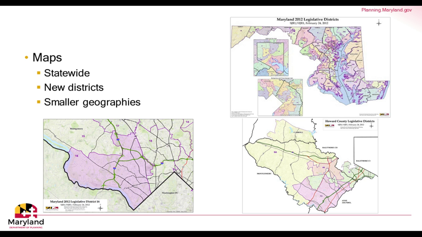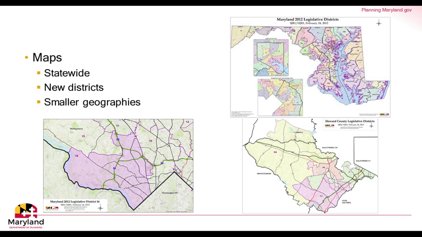We'll do the new districts, and we'll do smaller geographies, so areas of interest, maybe some communities, maybe some municipalities. It ends up to be a lot of maps, and we do these both separately for the congressional and legislative. So depending on which one we're doing, we could generate well over 100 maps just to get started, just for our basic press releases.